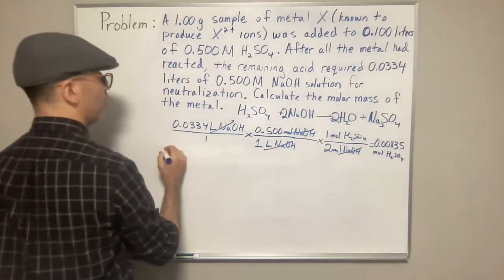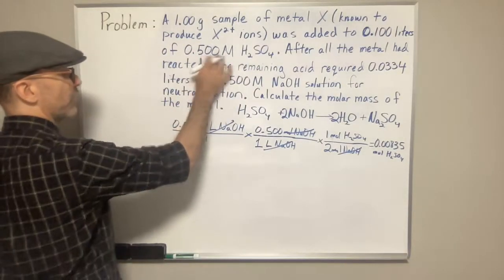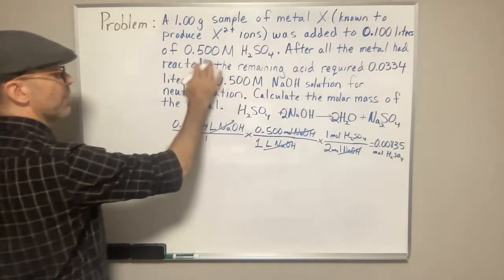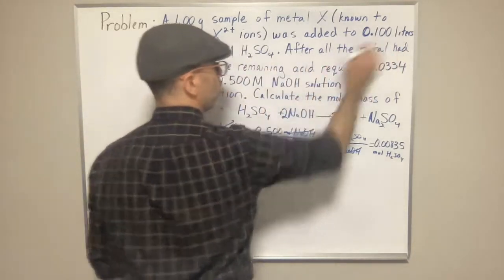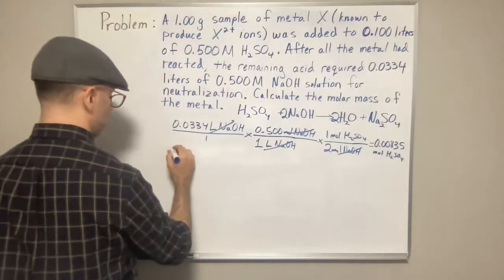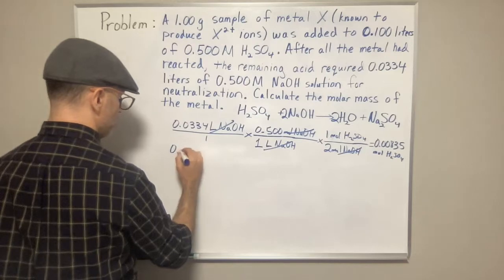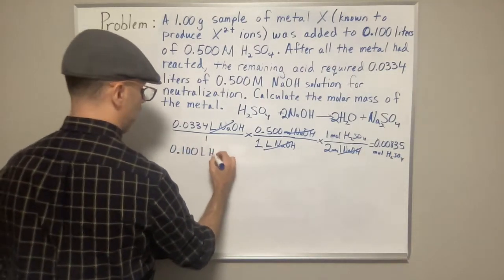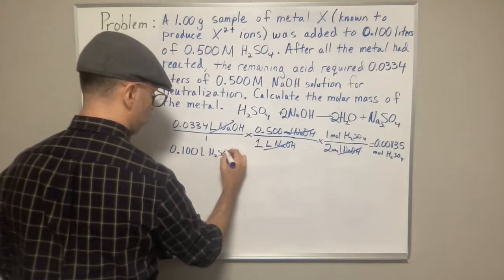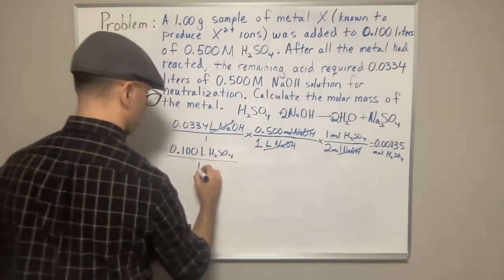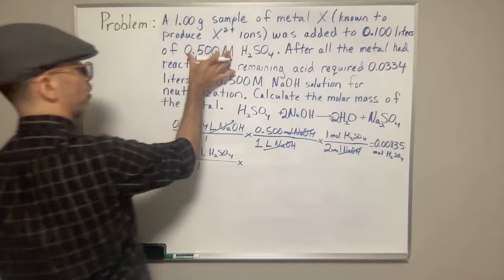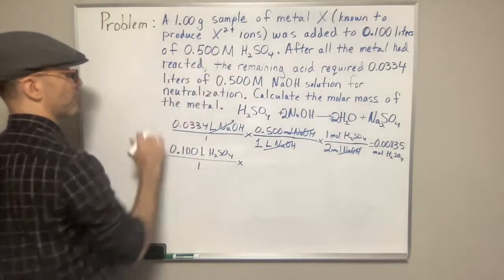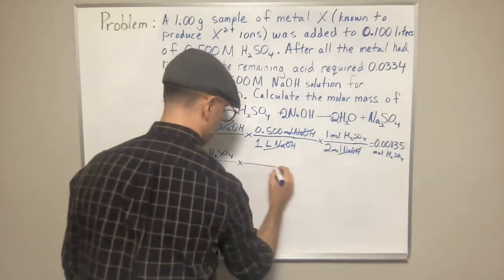Here, I'm going to use, again, my molarity as a conversion factor. So here I have 0.100 liters of my original H2SO4. The molarity is 0.5, so that's 0.500 moles per liter.